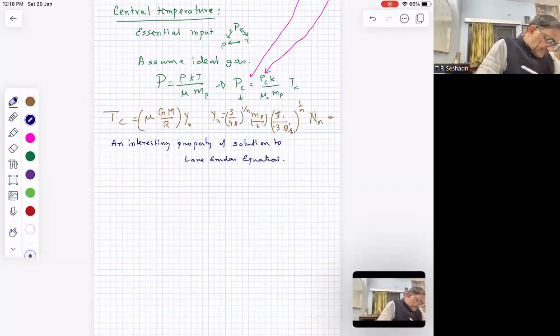And this is what is called homologous solutions.